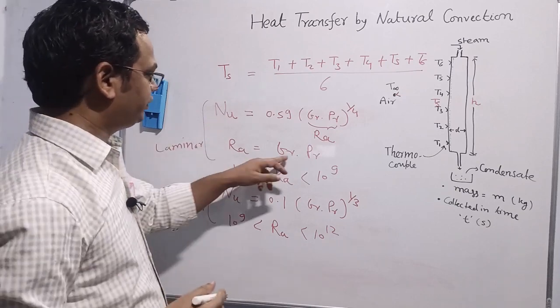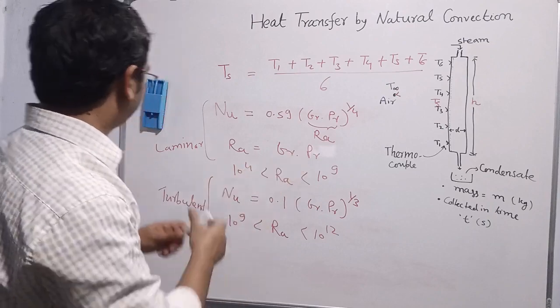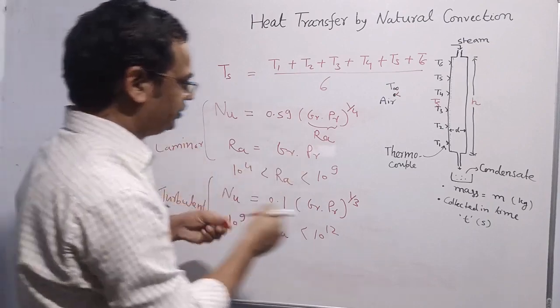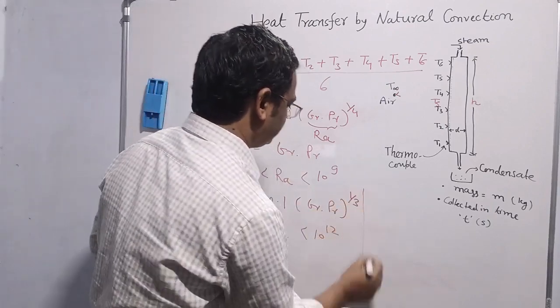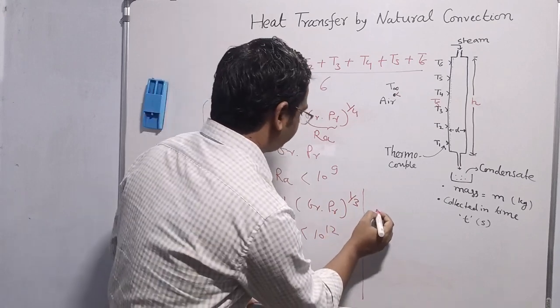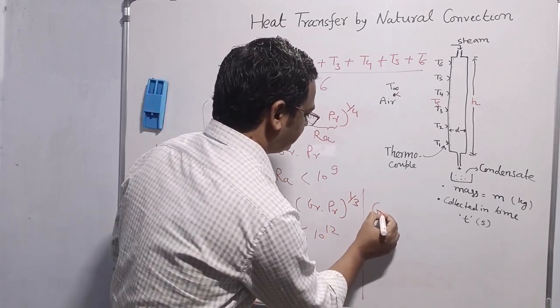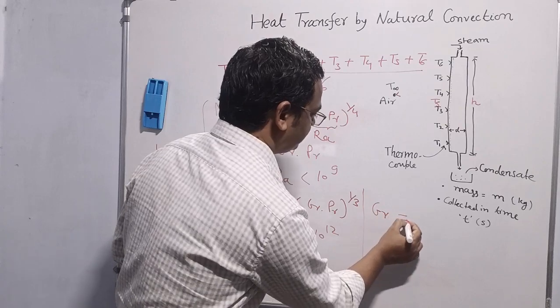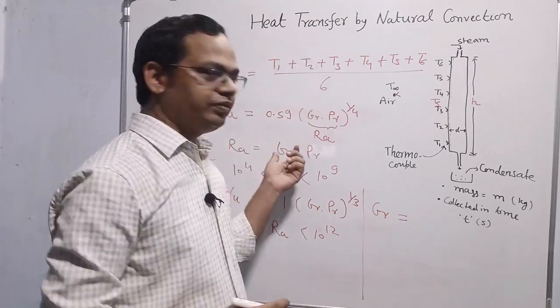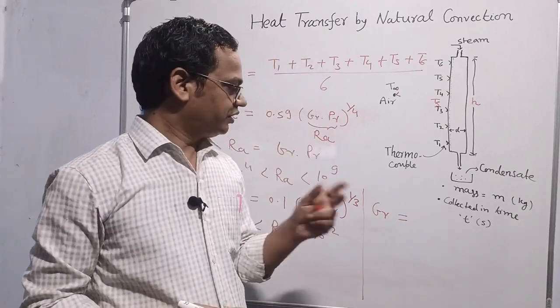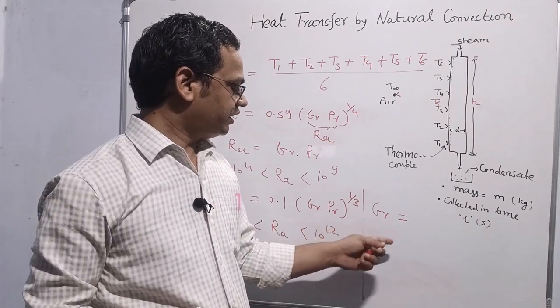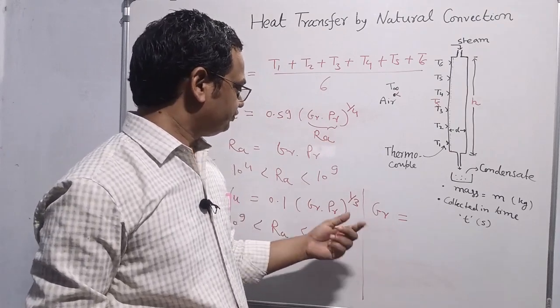Let's see what is Grashof number and what is Prandtl number. First we'll see Grashof number, Gr. Grashof number compares two forces: one is the buoyancy force and the other is the viscous force.